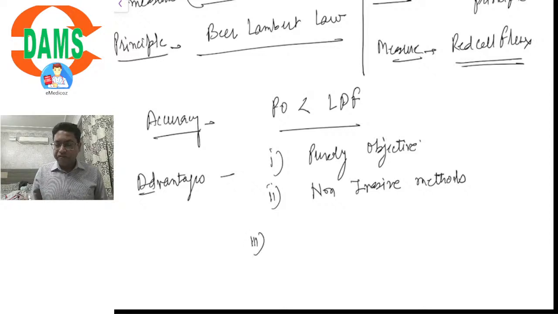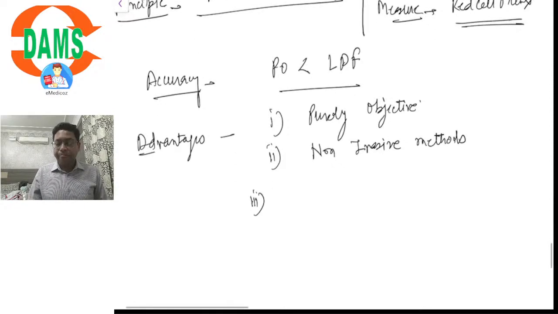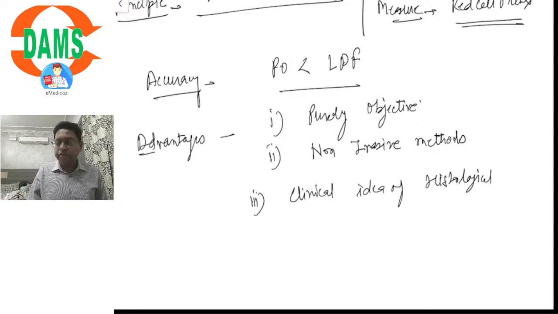Third advantage, they give a clinical idea of the histological status. If the pulse oximeter and laser Doppler flowmeter show that the pulp is vital, then histologically also the pulp is most likely to be vital.